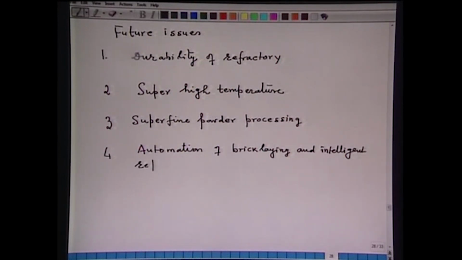Now, since monolithic refractory is not used in the entire vessel, only in certain proportions, accordingly bricklaying methods have to be developed.